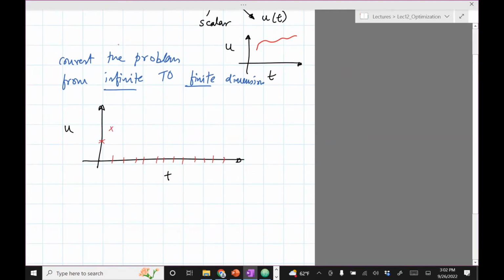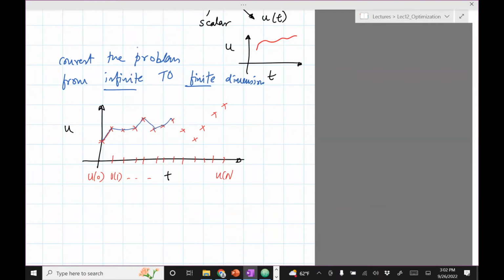It's just easier to have a uniform grid. Okay, so at each of these points, I have a value. So let's say u of 0, u of 1, and so on till u of n. And then I'm just going to stick to drawing a line between them.